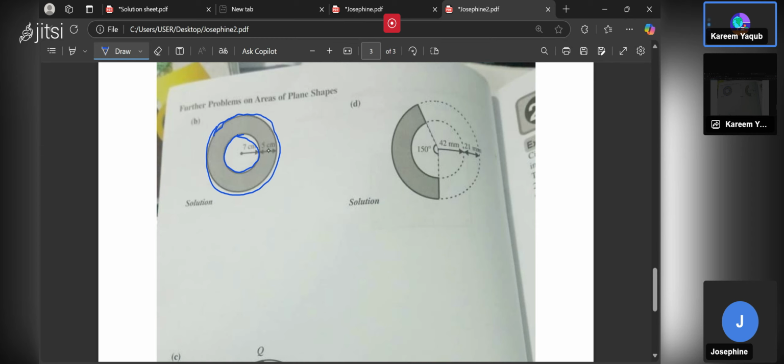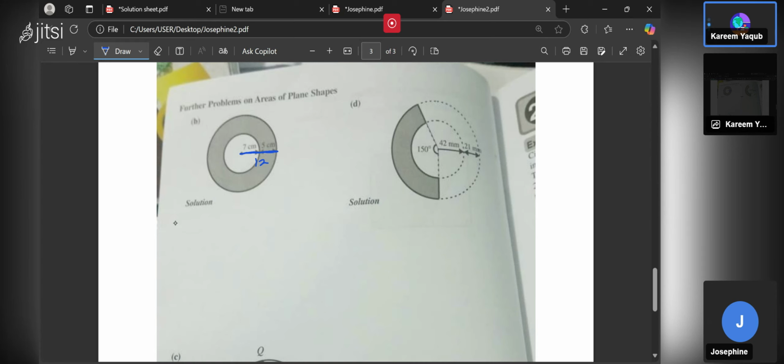You find the area of the bigger one and the area of the smaller one. The radius of the bigger one is 7 plus 5, because you can see the center here, so you add them. That's going to give you 12. Then the radius of the smaller one is 7.